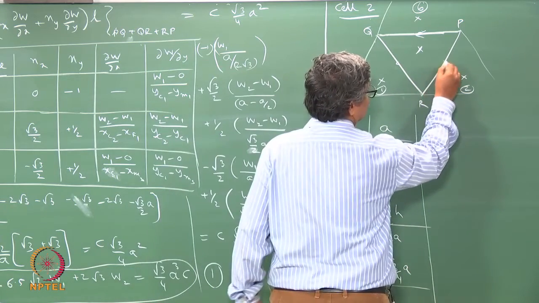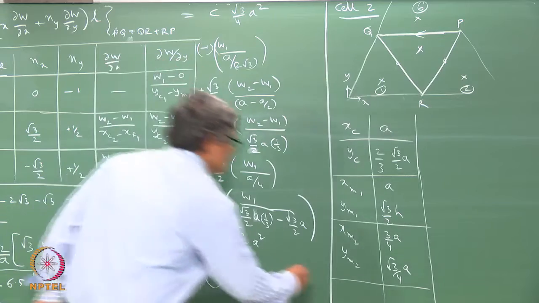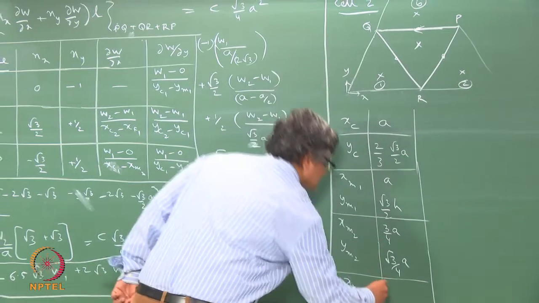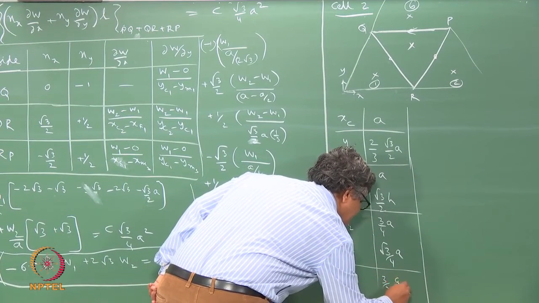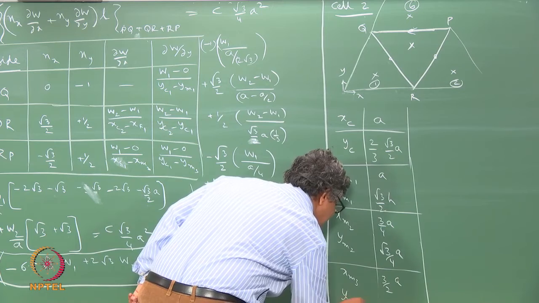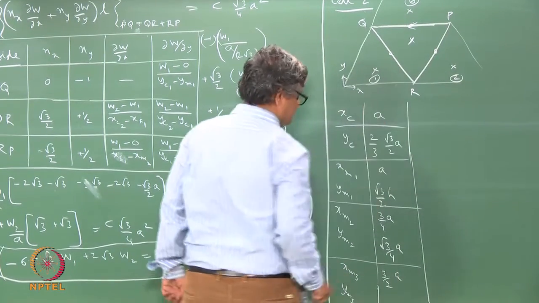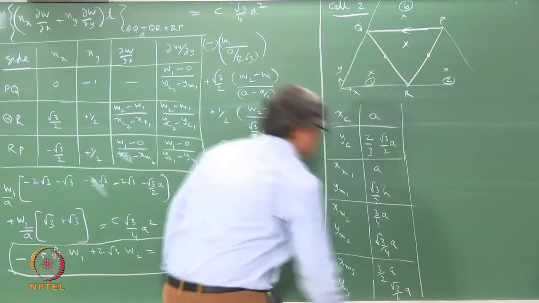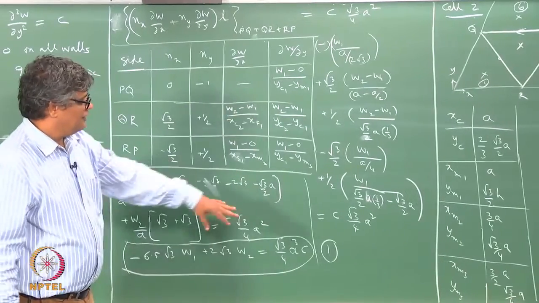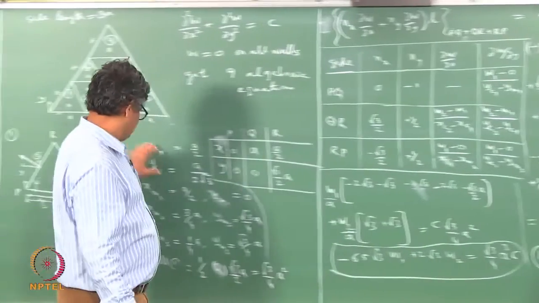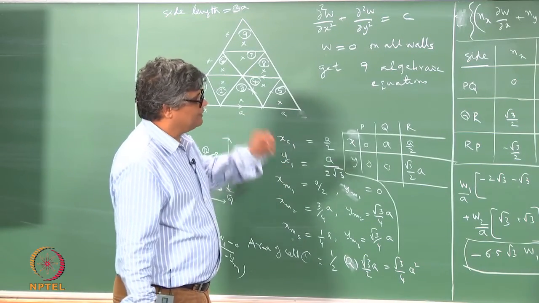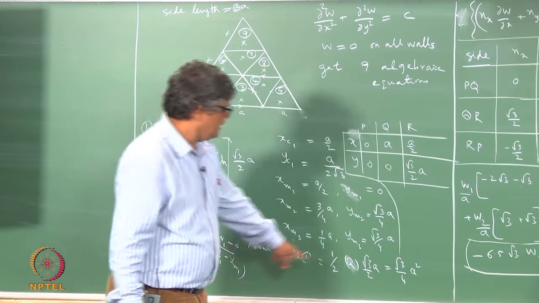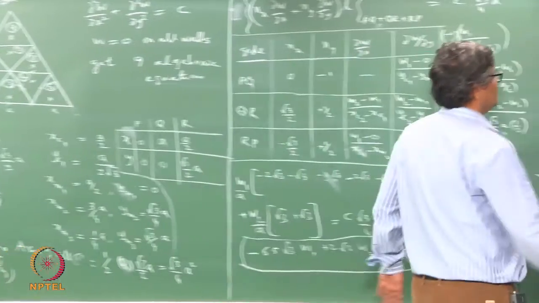And this is our xm3, which is this distance plus half of a. So, this is 3/2 a, and ym3 is at the same height as this. So, that is square root of 3/4 a. So, we have coordinates of important points here, and we can similarly write down the coordinates of the vertices, and the area is already known.